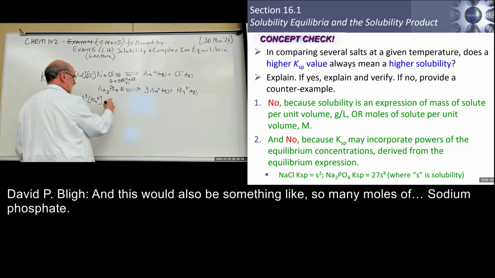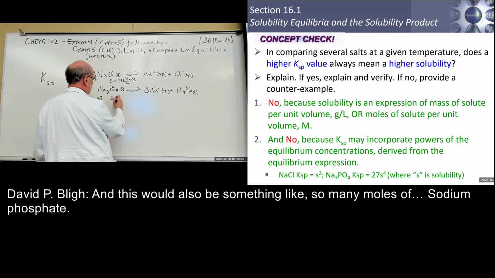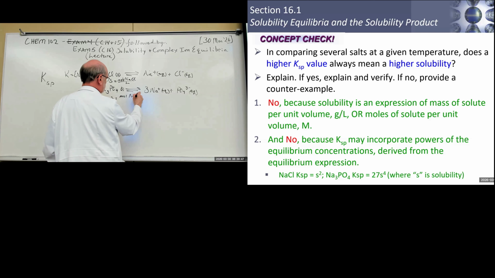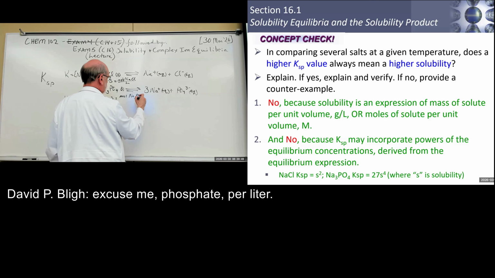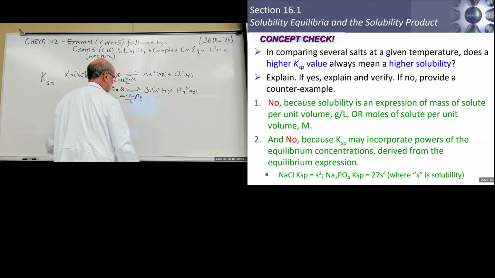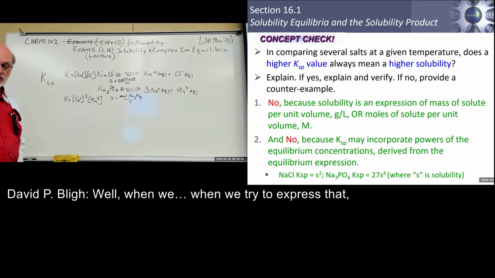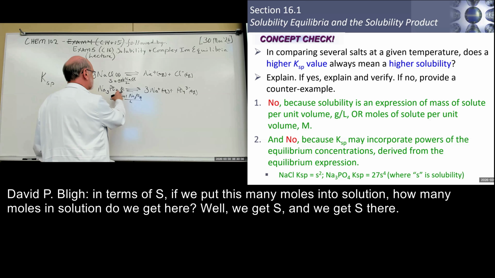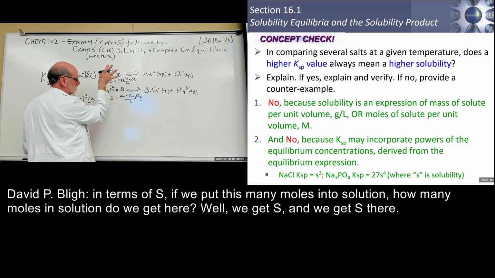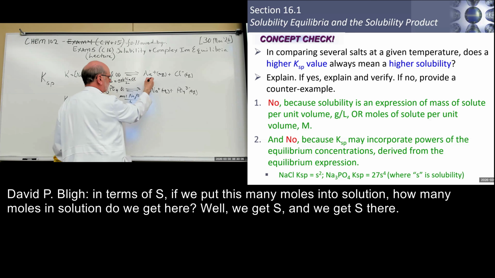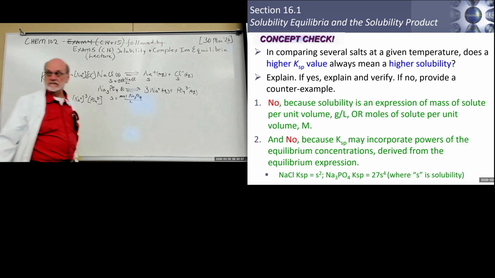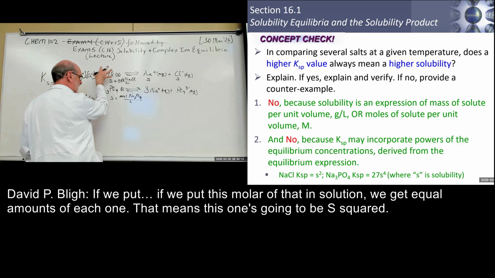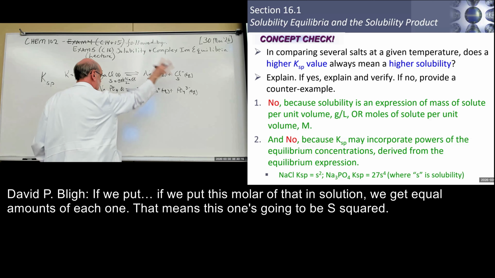And this would also be something like so many moles of sodium phosphate per liter. Well, when we try to express that in terms of S, if we put this many moles into solution, how many moles in solution do we get here? Well, we get S, and we get S there. If we put this molar of that in solution, we get equal amounts of each one.